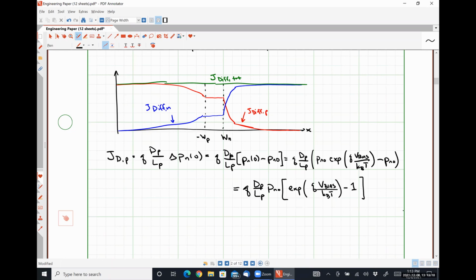For our electrons, we can do the exact same thing, and I'm just going to jump to the end result. Negative Q dN over ln and P naught exp q v bias over kBT minus 1.